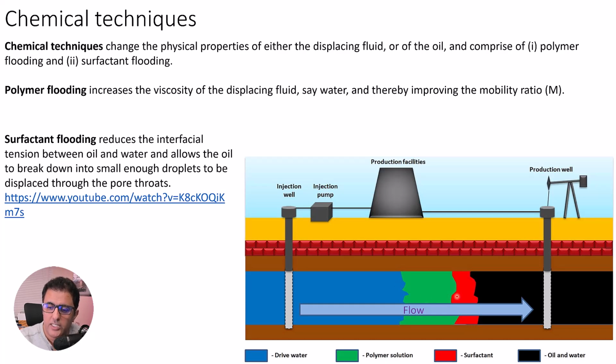So we inject some surfactant first, then a slug of polymer, and after that we keep injecting water. The water pushes the polymer forward, and at the front we have surfactant that helps water move more easily. So usually a combination of polymer flooding and surfactant flooding is done at the same time to improve the production.